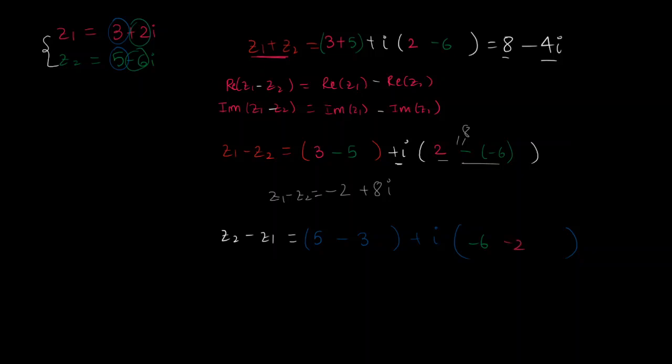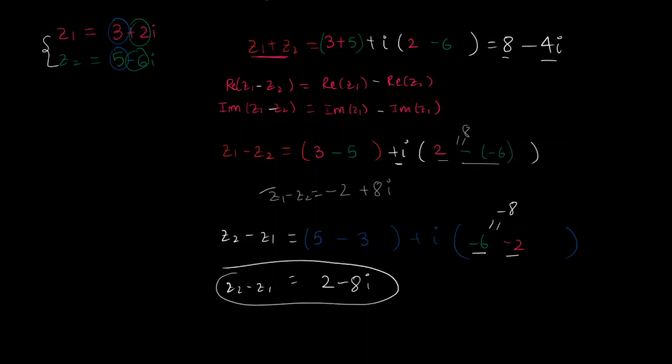Here, 5 minus 3 is equal to 2, and negative 6 minus 2 is just negative 8. Negative 8 times i is negative 8i. And so the two differences are just the opposite of each other. So z1 minus z2 is equal to the negative of z2 minus z1.